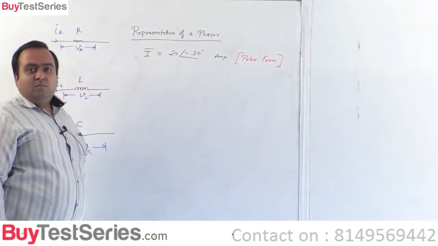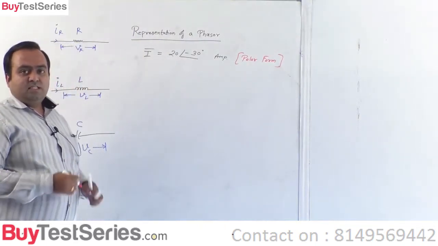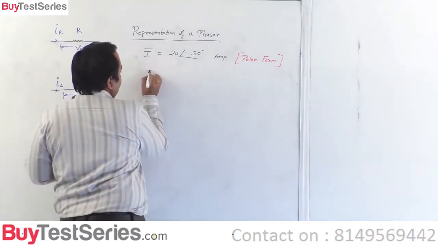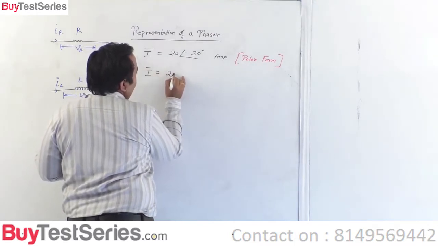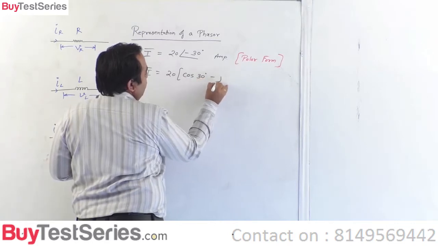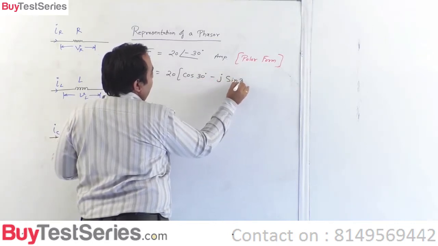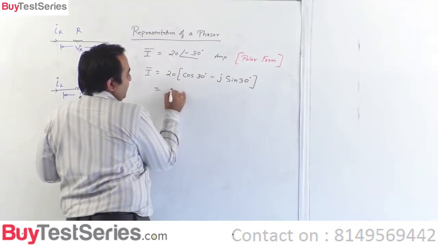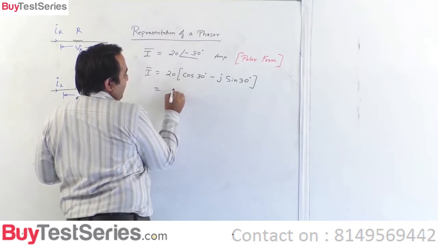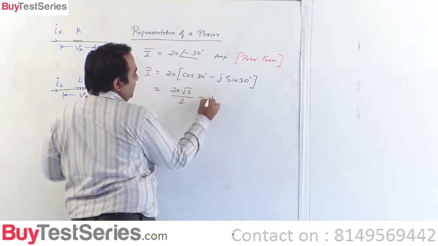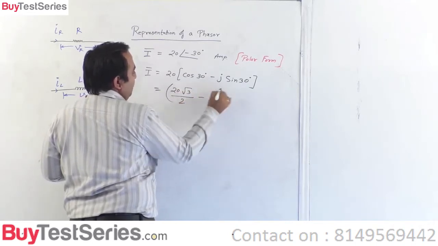This is called the polar form of phasor representation. Is this okay? This can be written as 20 cos 30 degrees minus j sin 30 degrees. So this is 20 into 1 by 2, this is root 3 by 2, so 20 root 3 by 2 minus j 10, this much of amperes.